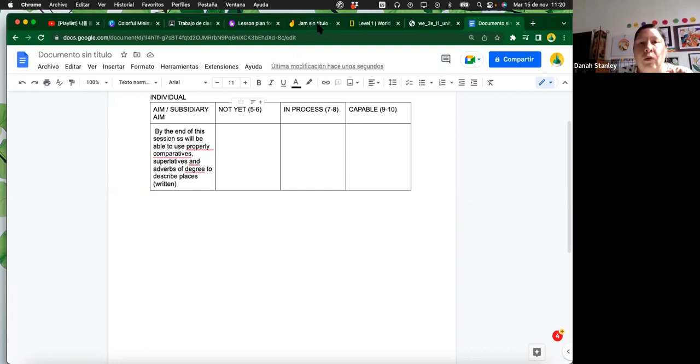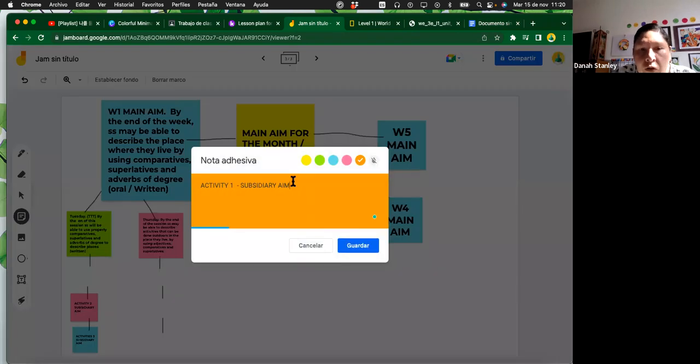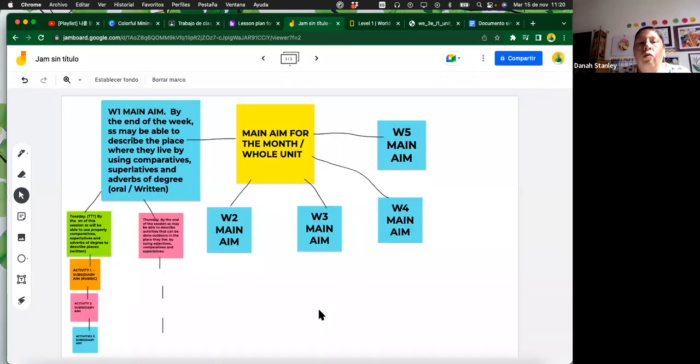And to be more precise, in here, this subsidiary aim can also be the rubric. So all the time you are evaluating your students, and of course you have evidence for grading. And in this case, it's easier for you the topic of evaluation.